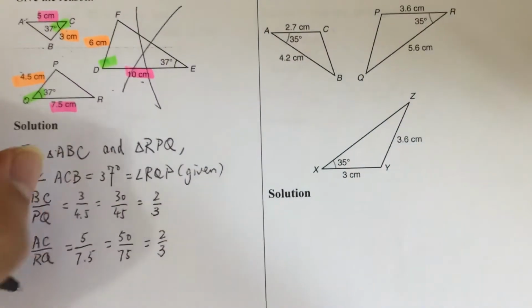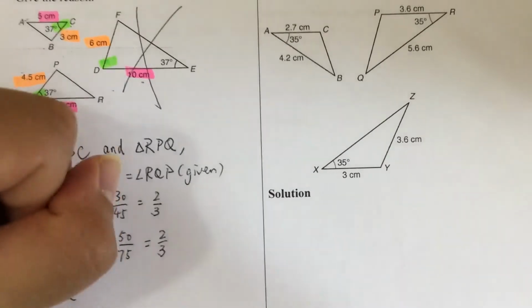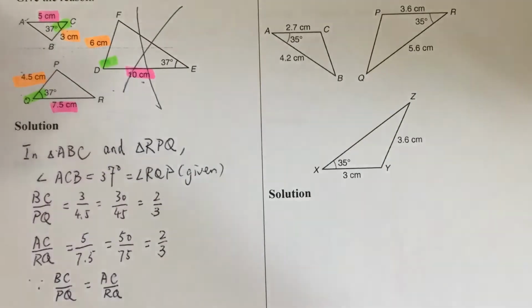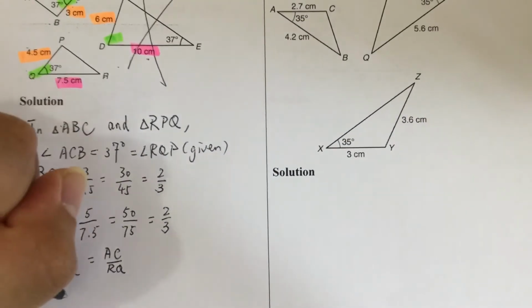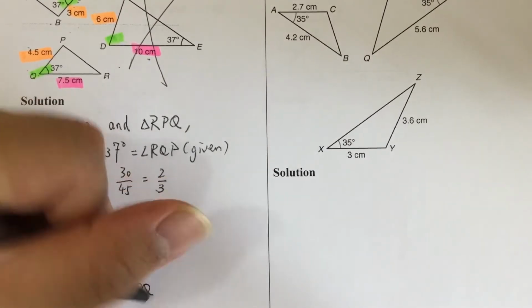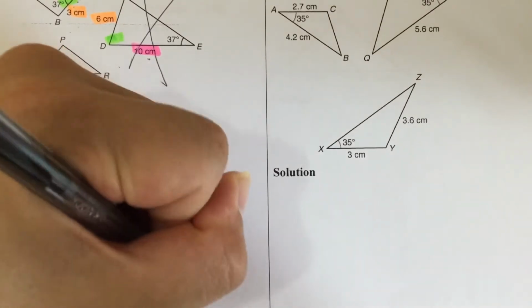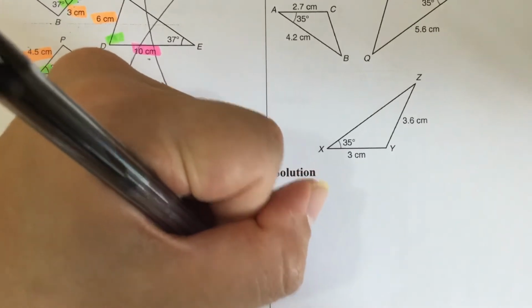Finally, we can say that because BC over PQ is equal to AC over RQ, they are similar. Triangle ABC is similar to triangle RPQ. The reason is ratio of two sides include angle.